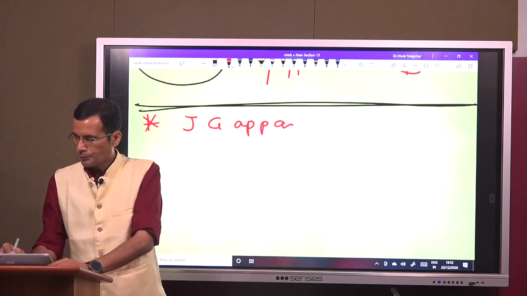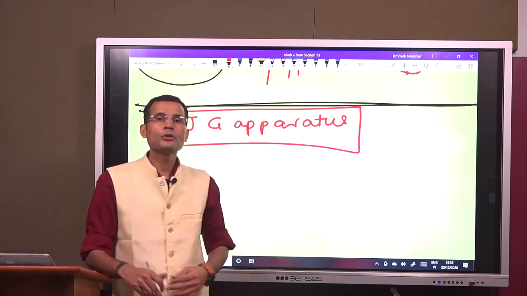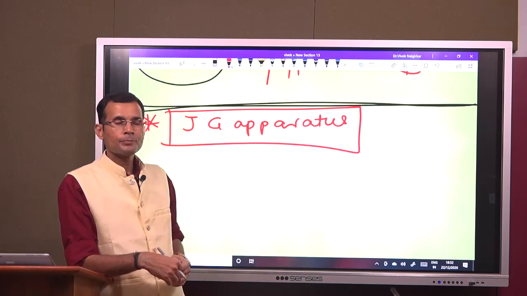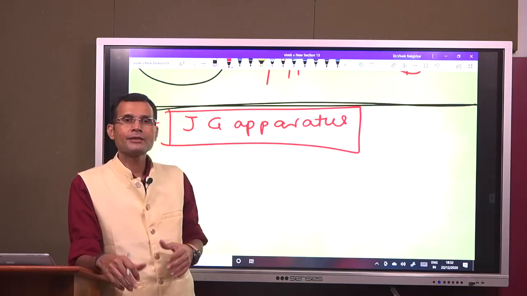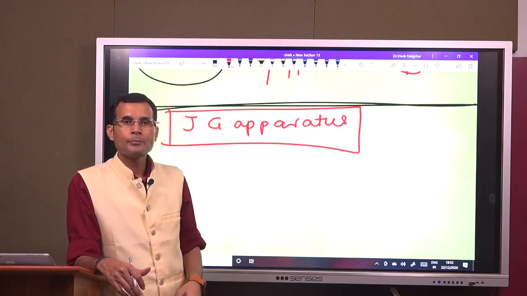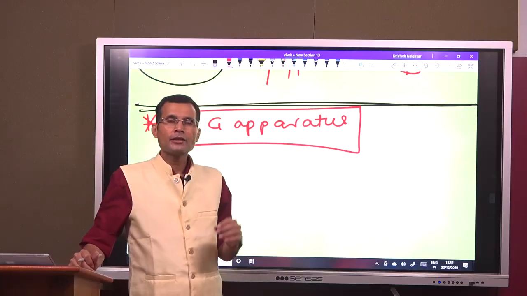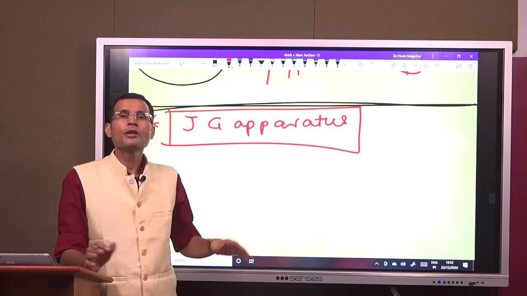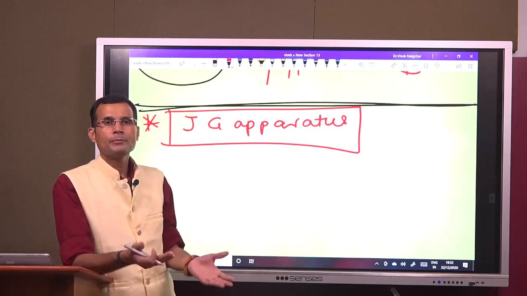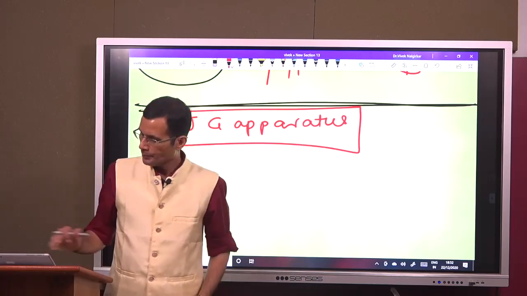JG apparatus. You know, we are slowly moving towards the next pattern. Previously there was AIPGE, All India PG entrance exam, then there was NEET. Now we are moving towards the next pattern, and in the next pattern, the majority of the questions are likely to be problem solving type or clinical case type.